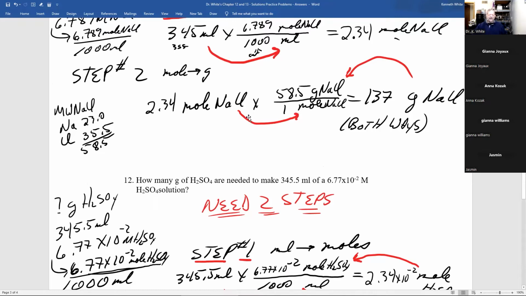Whatever we're trying to get rid of goes underneath. Where do we get these numbers? 1 mole of compound equals the molecular weight of that compound in grams. And earlier you saw me point that out. Important information, quiz 4.